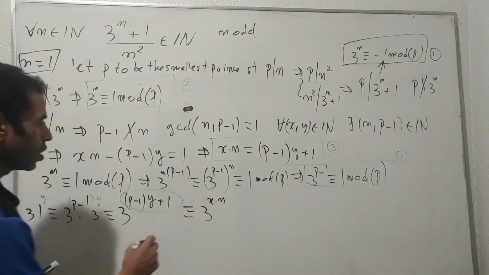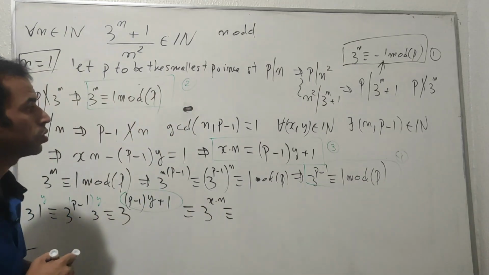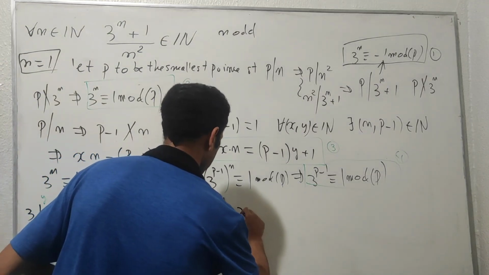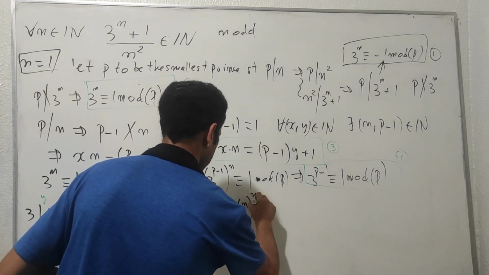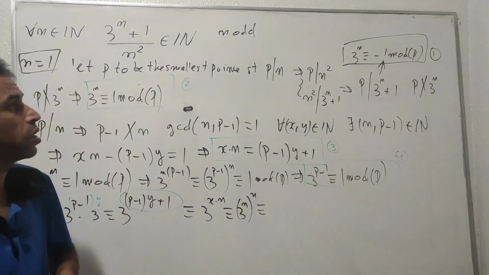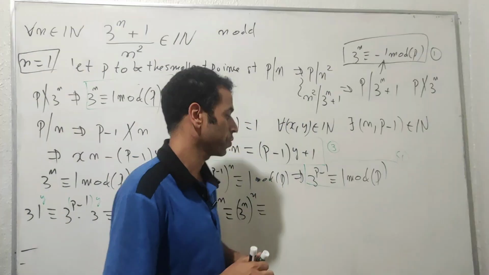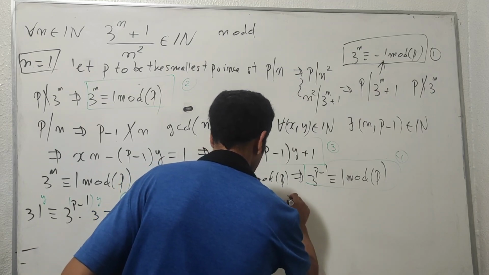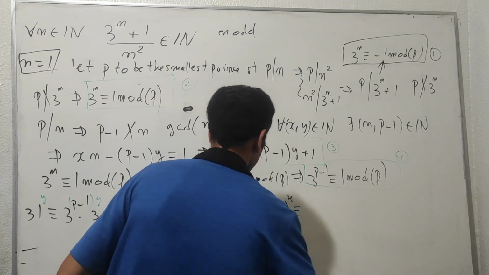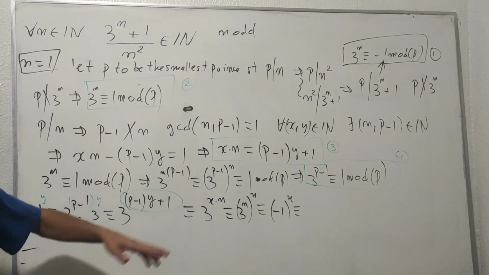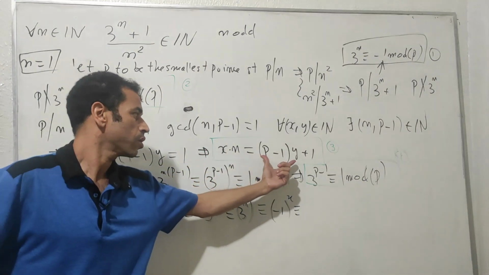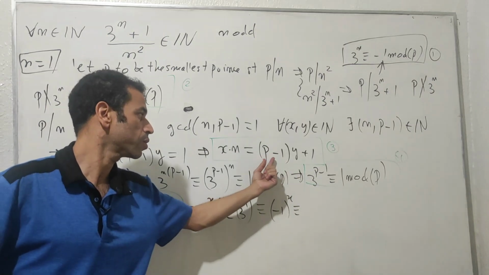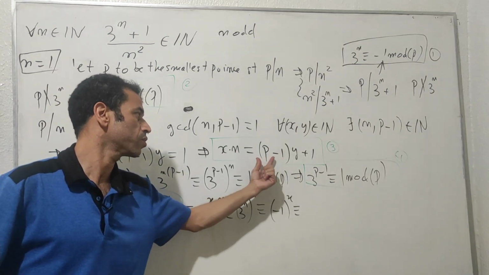Also, I'm going to write it in this form: 3 to the n, all to the x. As you know, 3 to the n is congruent to minus 1 mod p. Okay, which means this one is minus 1 to the x. So let's check the parity of x. As you know, the right hand side of this equation is odd, because p minus 1 is even, because p is odd.